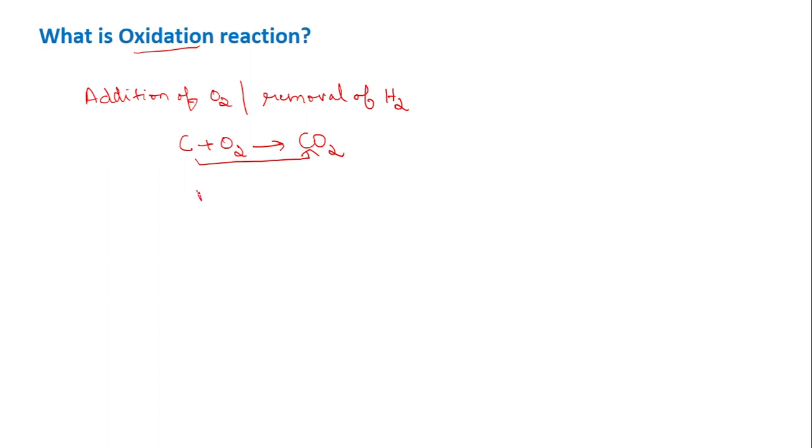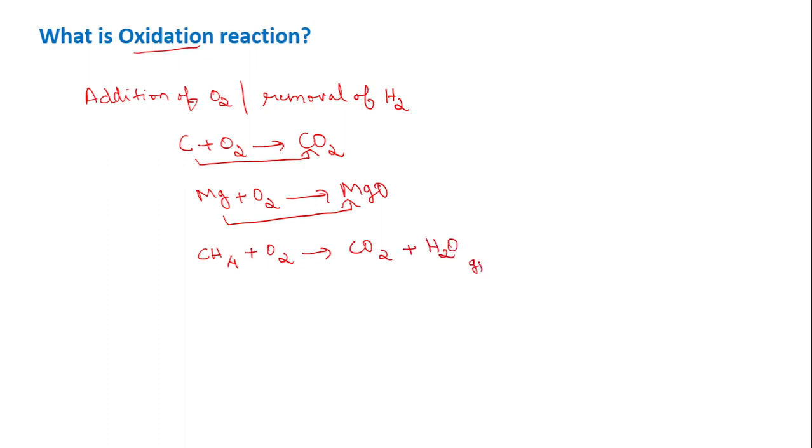Now the next example is burning of magnesium ribbon in air. That forms magnesium oxide. Here also magnesium is getting oxidized with the addition of oxygen. Let us take one more example, that is methane gas. CH4 burns in air to form carbon dioxide and water, which is in the gaseous state.